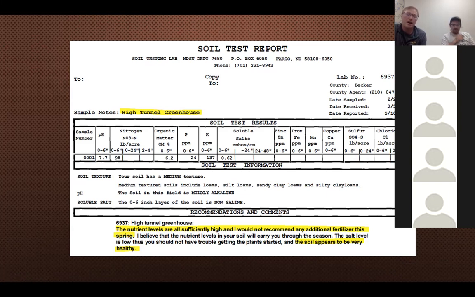Now, this test goes back to 2014, but the one thing that caught my attention back then was that the lab went on to say that the soil appears to be very healthy. Well, without the lab knowing what the inputs were, or which of those soil health principles were being implemented here, I think that word healthy is maybe used out of context.